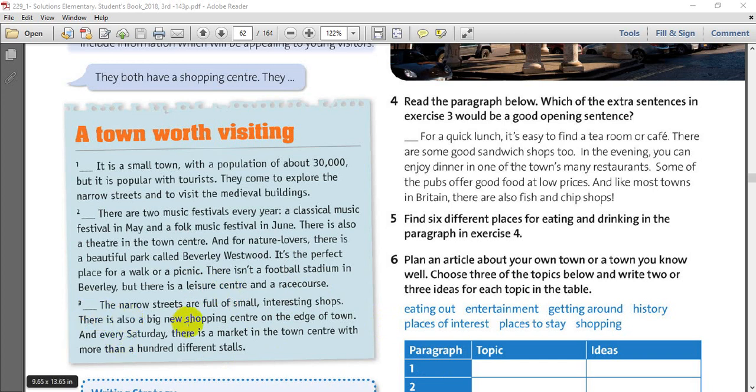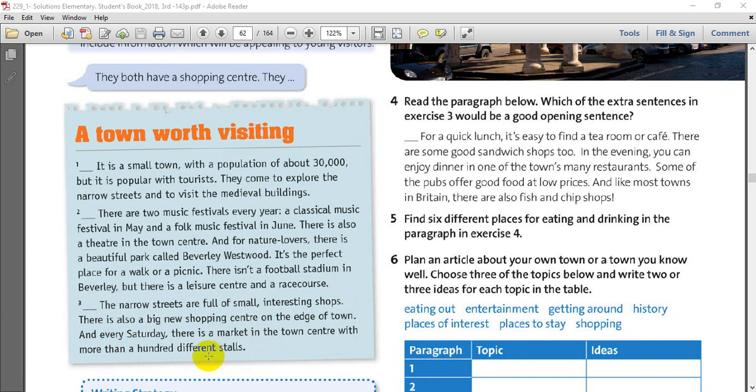Number 3, the narrow streets are full of small interesting shops. There is also a big new shopping center on the edge of town. And every Saturday there is a market in the town center with more than 100 different stalls.